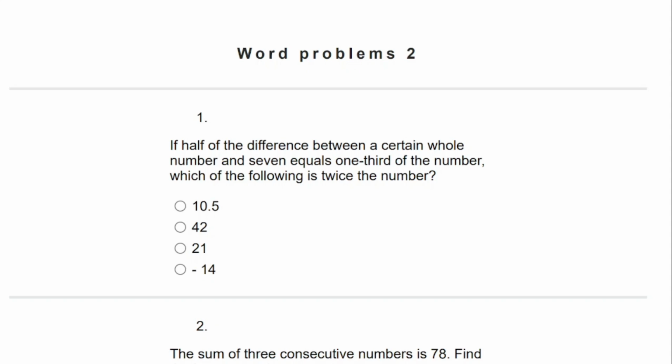If half of the difference between a certain whole number and 7. So let the number be x. The difference between this x and 7, that is x minus 7.